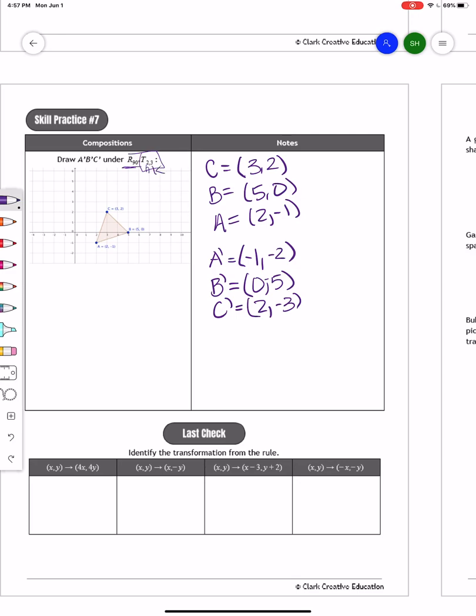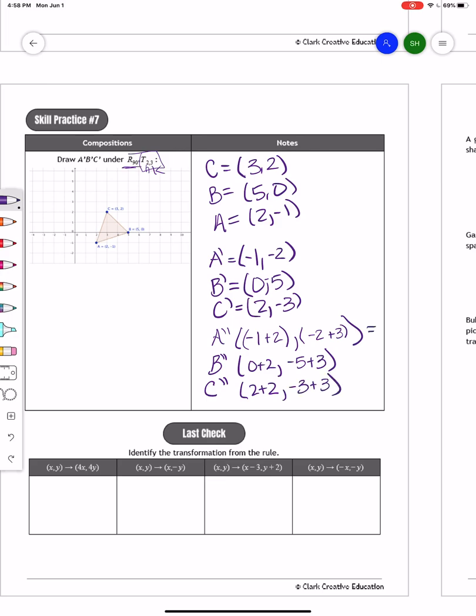So that means that A double prime will be negative 1 plus 2 and negative 2 plus 3. B prime will be the same thing. So you have 0 plus 2 and negative 5 plus 3. And C prime, or double prime, will be 2 plus 2, negative 3 plus 3.